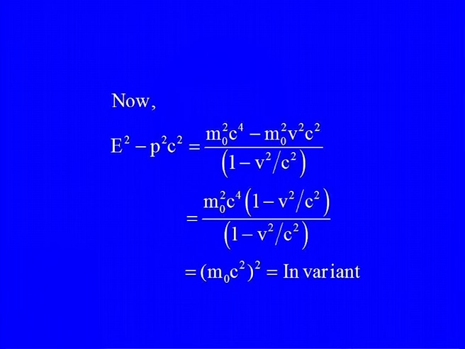So if the body has a total energy E, and it's also having total momentum P, it's moving with a certain momentum P, then E squared minus P squared c squared is nothing but the rest mass squared of the body. It's an interesting concept actually.